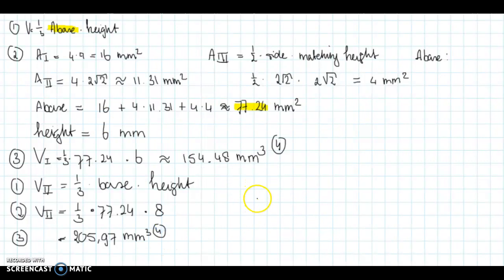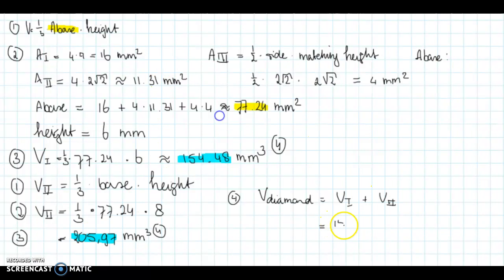And then to complete the question, they're asking for the volume of the whole diamond. So in step 4 we continue by saying the volume of the diamond is equal to the volume of pyramid 1 plus the volume of pyramid 2. The volume of pyramid 1 was this amount, of 2 was this amount, and that's what we're going to add.